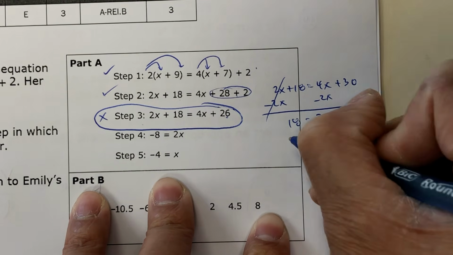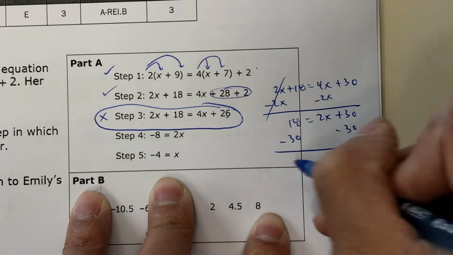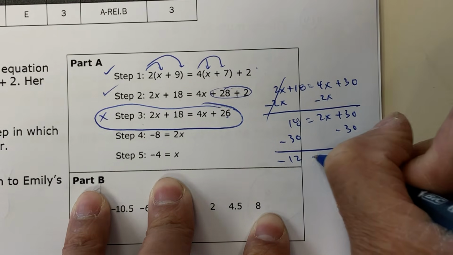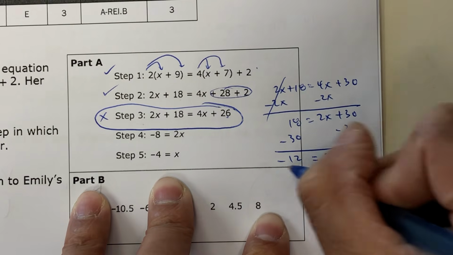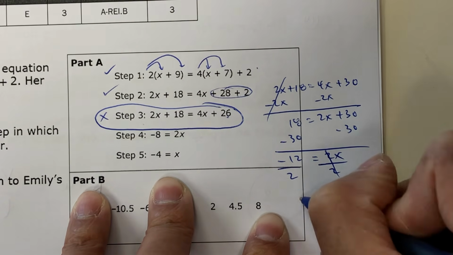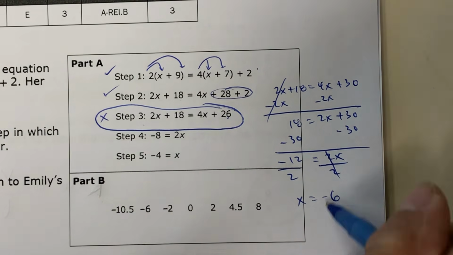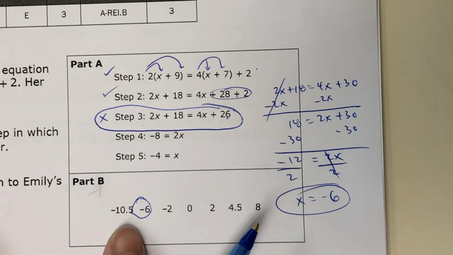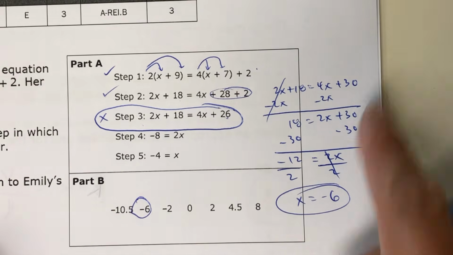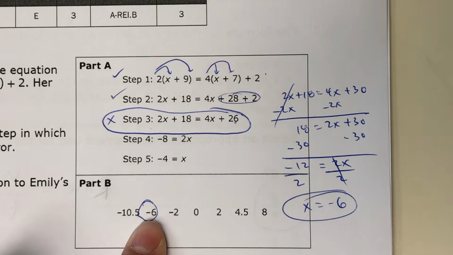Then if I subtract 30, I get negative 12 equals 2x. And then divided by 2, I get x equals negative 6. And that would be the choice in part B. This is the solution to Emily's original equation, if we did it correctly, negative 6.